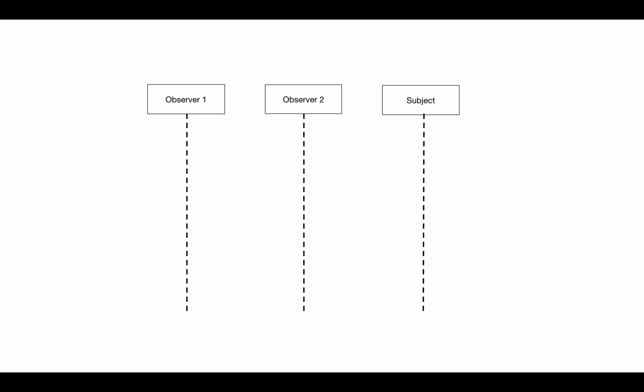So here we have observer 1, observer 2 objects and a subject. So first, observer 1 and observer 2 objects call register observer on the subject to register themselves, so that they get notified whenever there is any change in the subject.